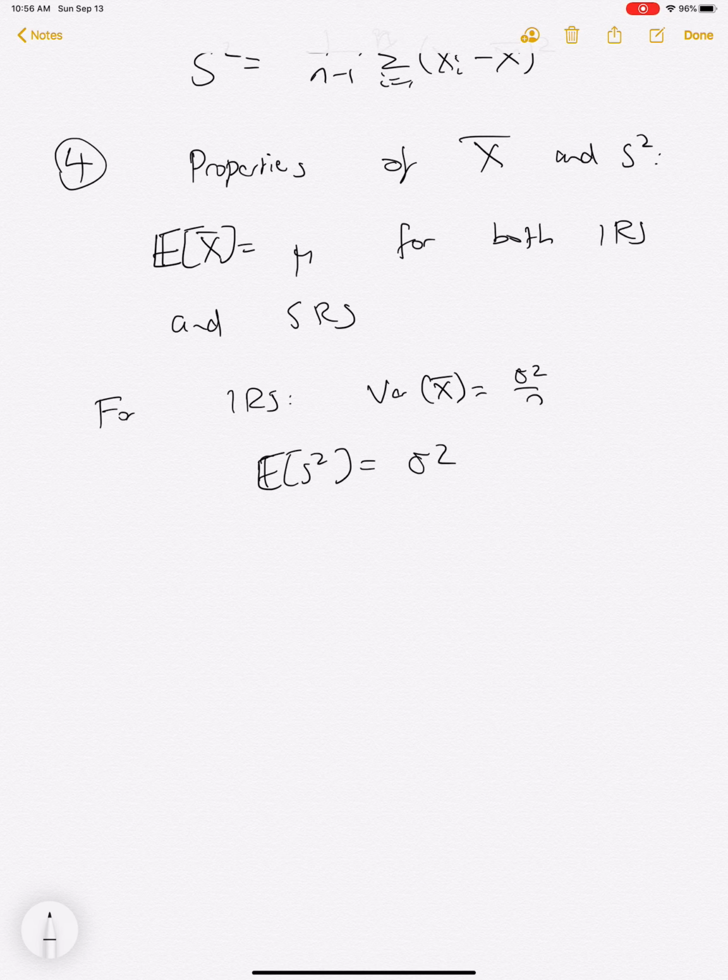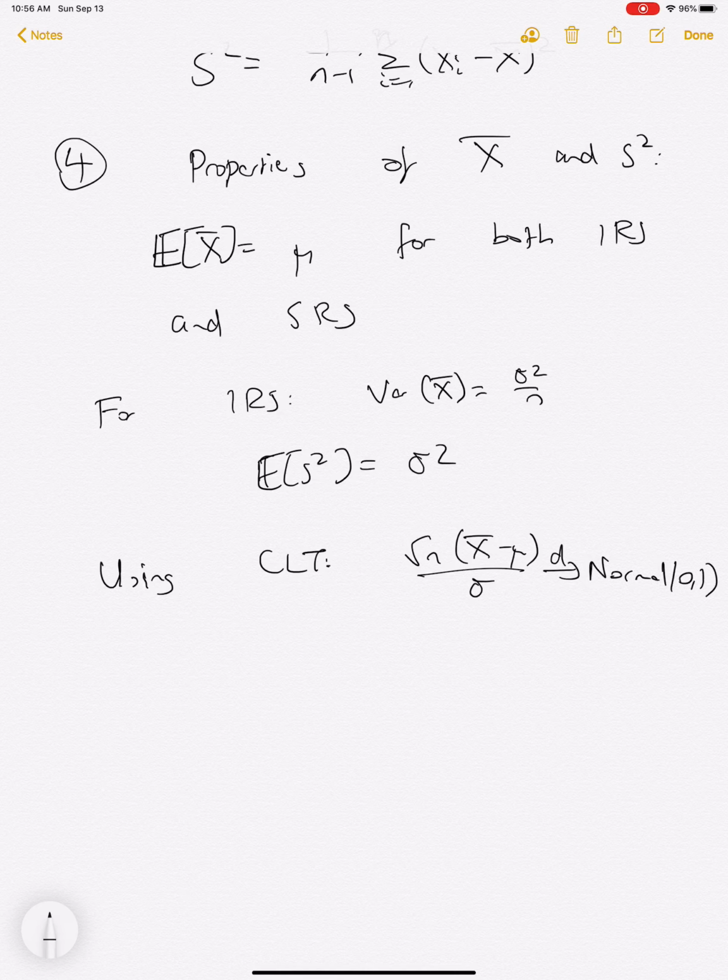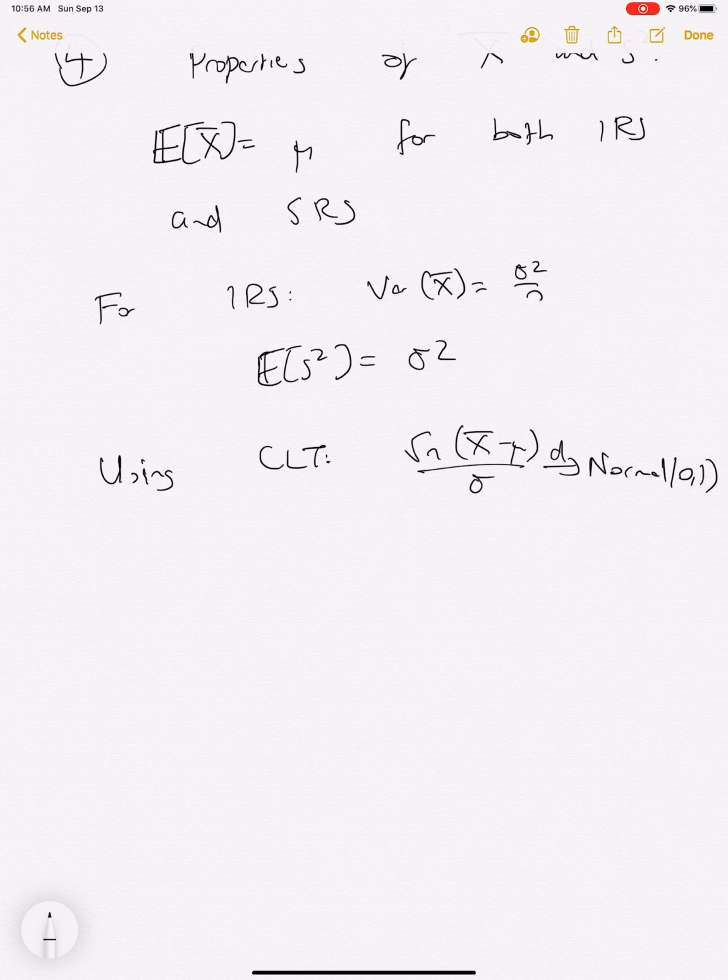And then we also, using the CLT, can certainly say that we get things converging to a normal distribution, and so therefore you can use standard Z and T tables in this case.